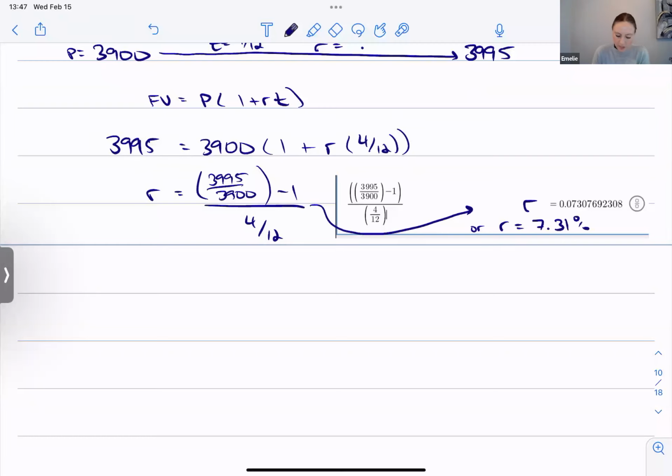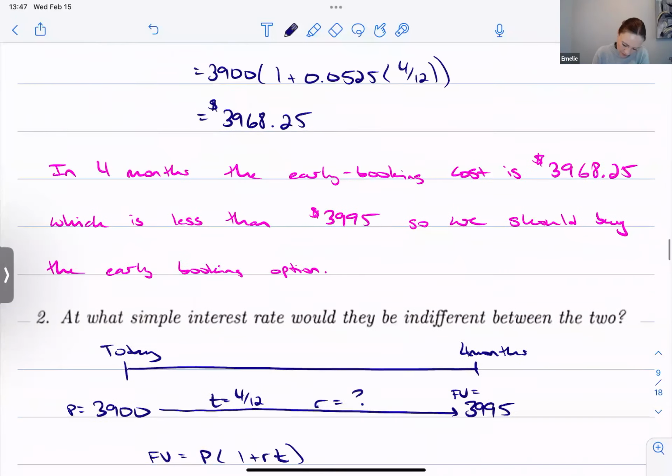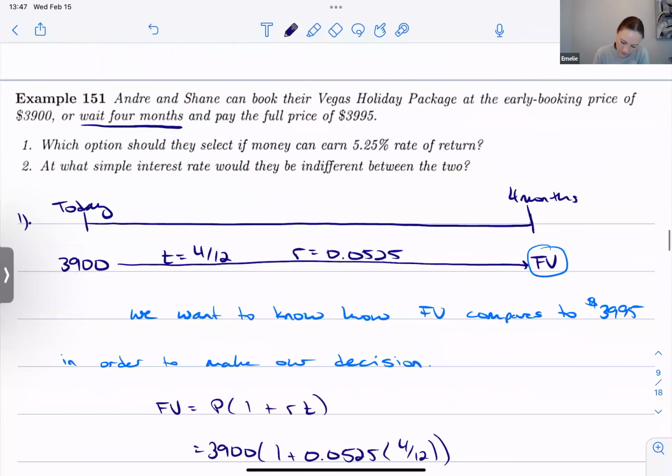The rate of interest that was being offered at the time was 5.25%, right? In order for it not to matter which option you choose, the interest rate would need to be 7.31%. So there are lots of different problems that we can solve just using the tools that we have.